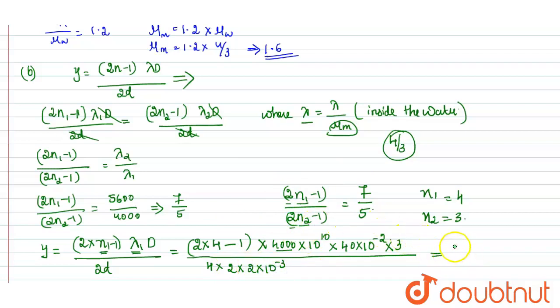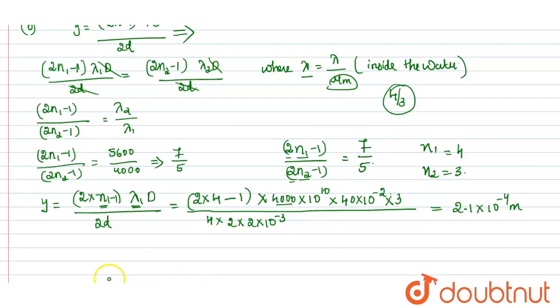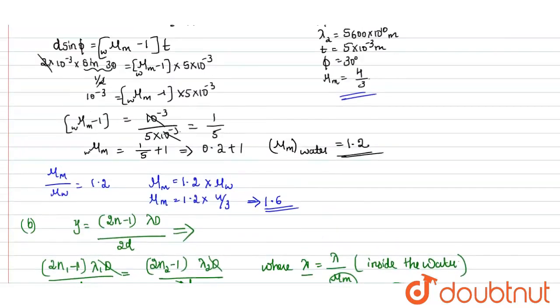So this value, from calculating, we will get 2.1 into 10 to the power minus 4 meter. In standard units we can write 210 micrometer. So this is the answer for question B.